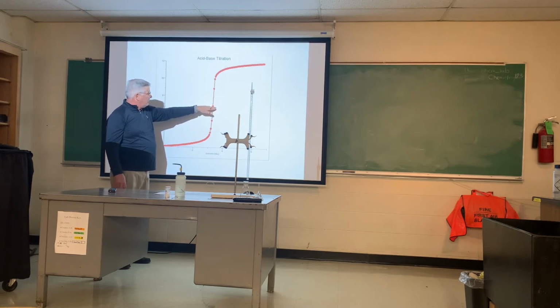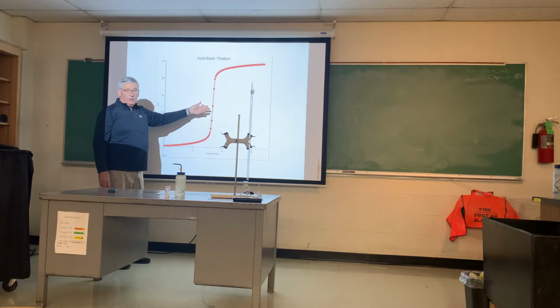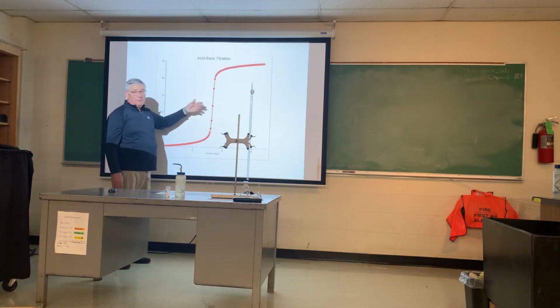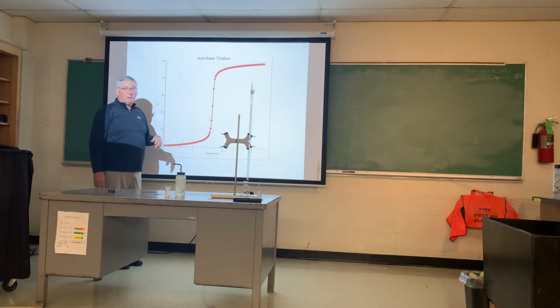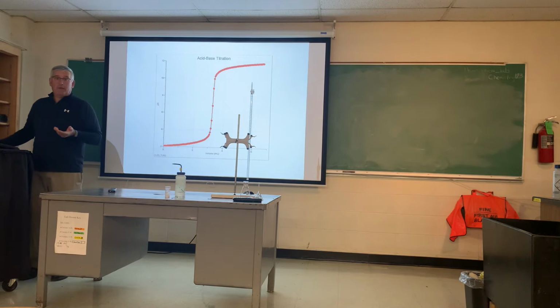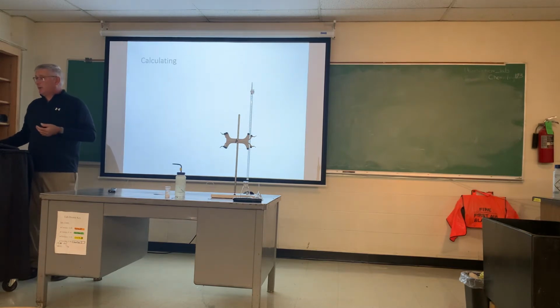So right about where this point is. But if you'll notice, because the pH changes very rapidly, those points become very scattered. Now, we'll later on learn a mathematical technique to find the middle of that, or a couple of them, especially if you take my quantitative chemical analysis course. And we'll use pH probes to do some titrations later on in next semester.